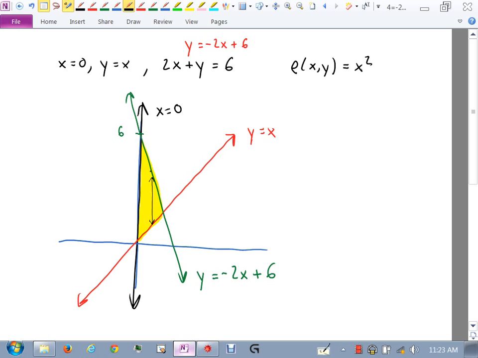My x varies between two constants, and the ones on top and bottom stay the same the whole time. If I were to look at it as a type 2 sideways, then here it's the green one and the black one, top and bottom, but then when I get to that point, it switches. Now the red one's on top and the black one's on bottom. I don't want to switch and have two different integrals, so I'm not even going to mess with that. So I'm going to go type 1.